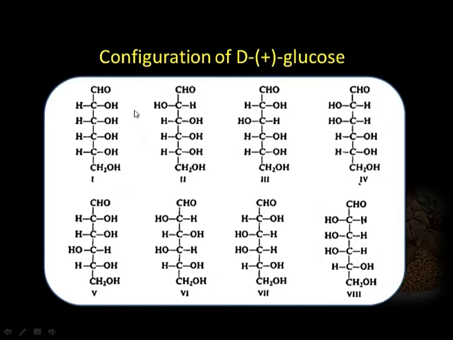So, structures 1 and 2 have this hydroxyl on the right side, and they are obtained from structure number 9. Since 9 is not for arabinose, 1 and 2 cannot be the glucose mannose pair.